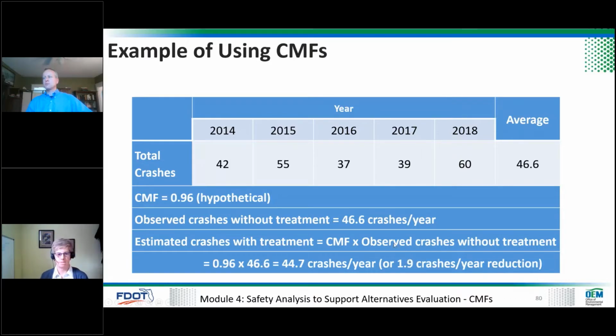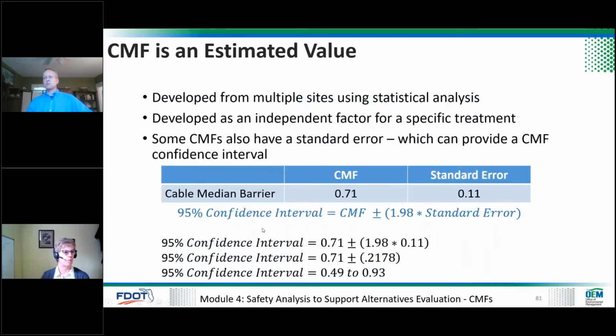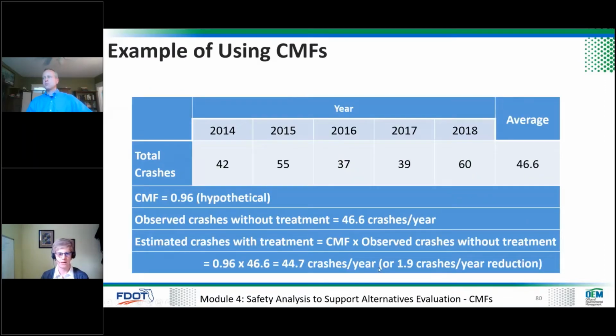Now, I'll talk for a moment about reporting. So something to remember is, I just said 1.9 crashes per year reduction, and you're going to wind up with 44.7 crashes per year.